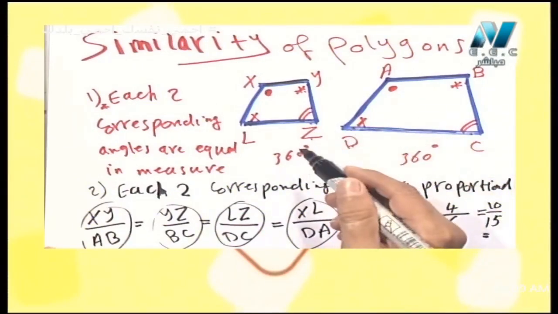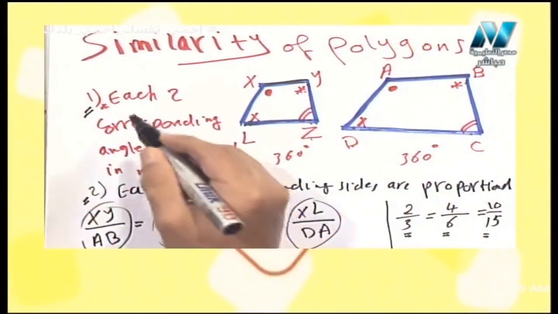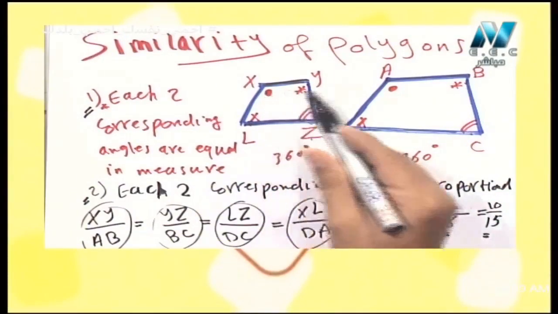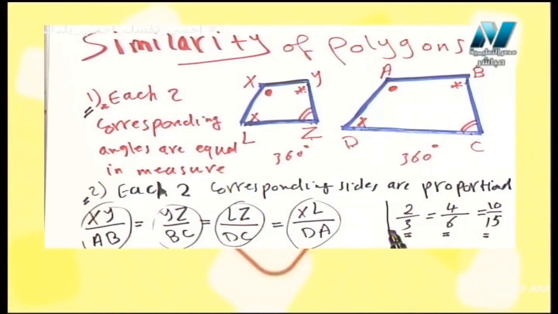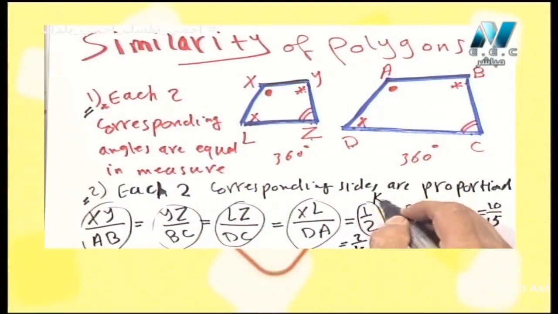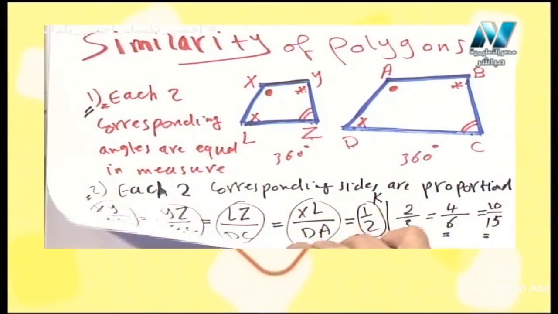If the two quads have the two conditions, each two corresponding angles are equal in measure, and each two corresponding sides are proportional, like that, something like it gives us a number, half for example, or 2 over 4, or any ratio, and we call this ratio K. So we are going to the next page.